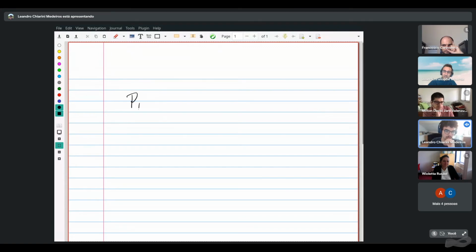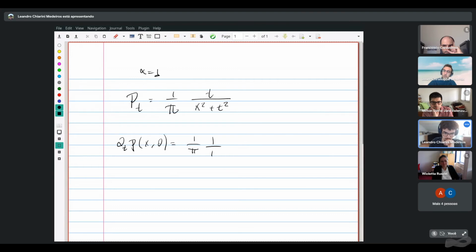So you have that the kernel for alpha equals 1 is just 1 over pi, if I remember correctly, t over x squared plus t squared. Right? And if I remember correctly, if you differentiate at x equals 0, this is actually 1 over t squared, or 1 over x squared plus 1 or something like that.